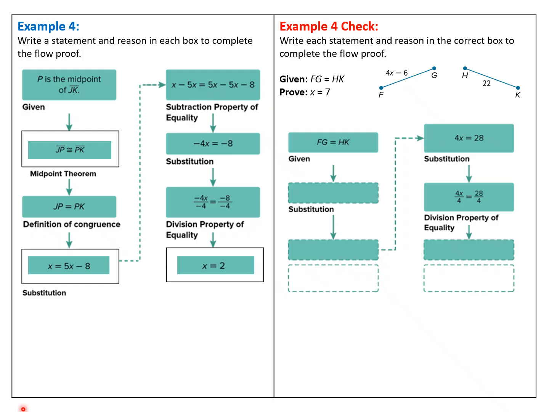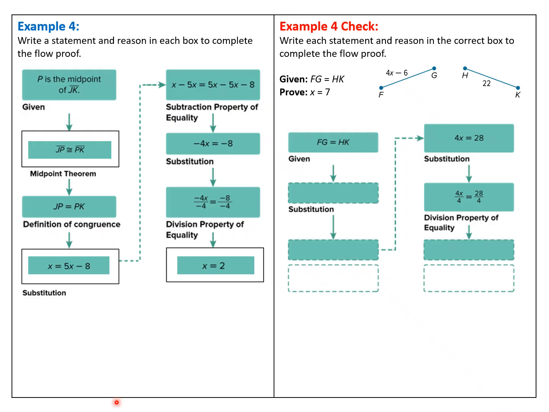So the next step after here, and we're solving for x, so what do we need to do? We need to isolate the variable. So we're going to move the variables to one side of the equation and the constants to the other. We do so by subtracting 5x from each side. If you see, we started with x here. Now we have x minus 5x and then 5x minus 5x. That was the subtraction property of equality.